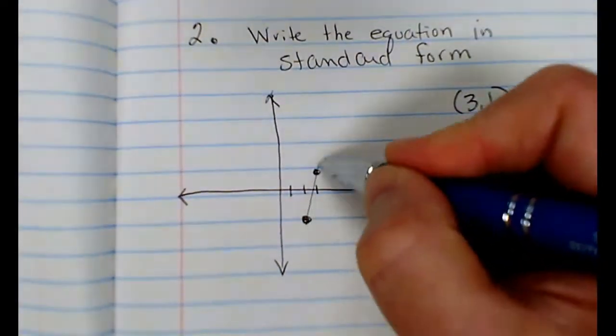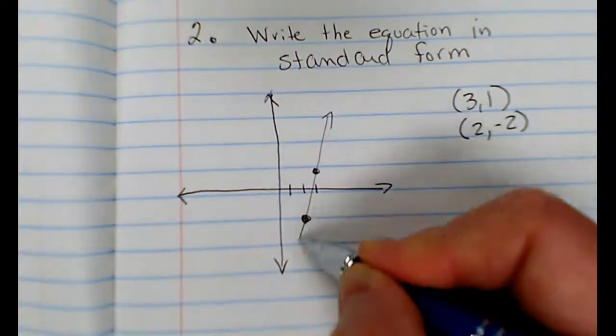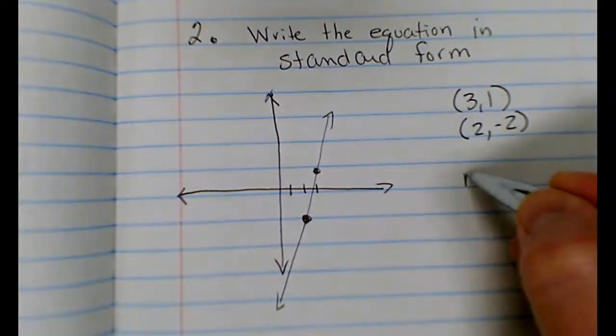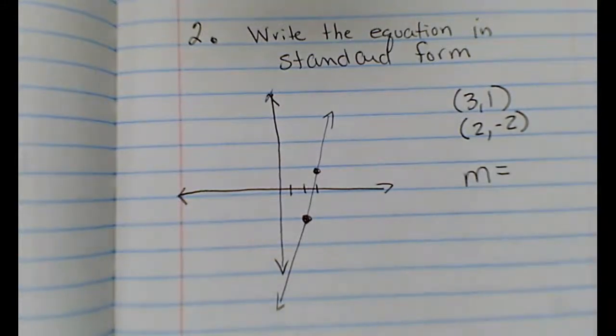And this line that connects them, is it going to have a positive slope or negative slope? This line is going to have a positive slope.